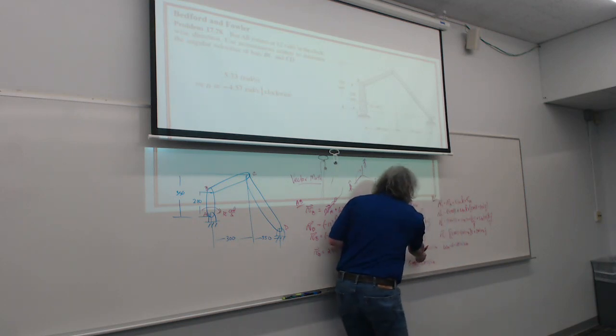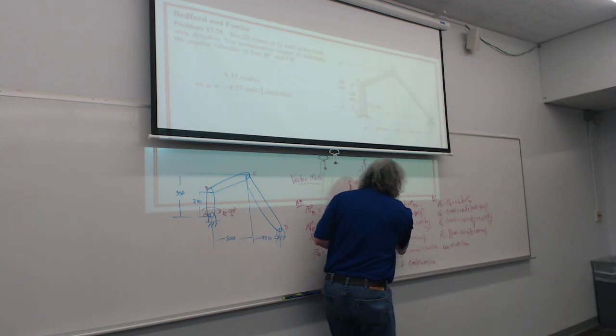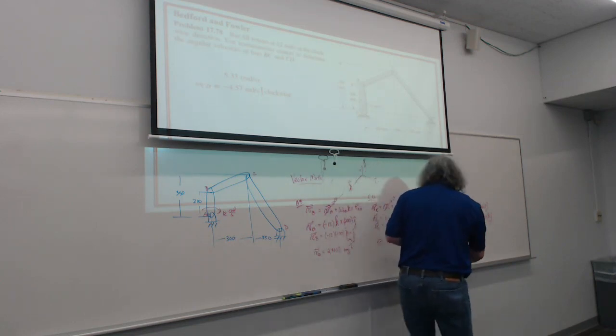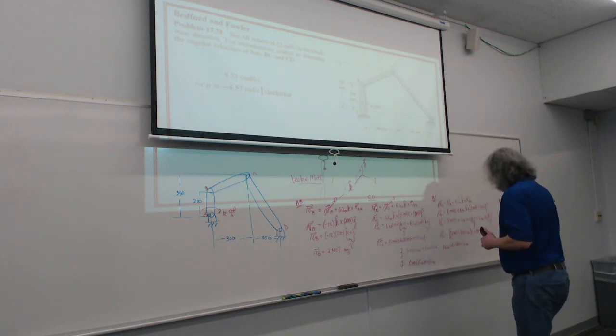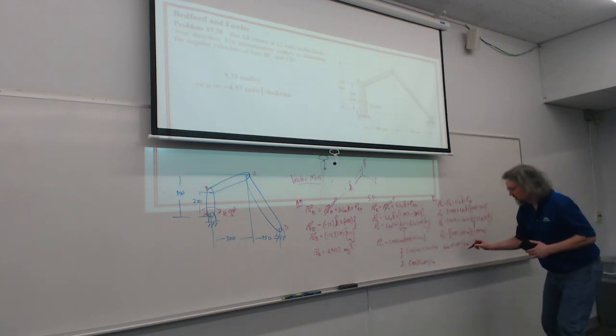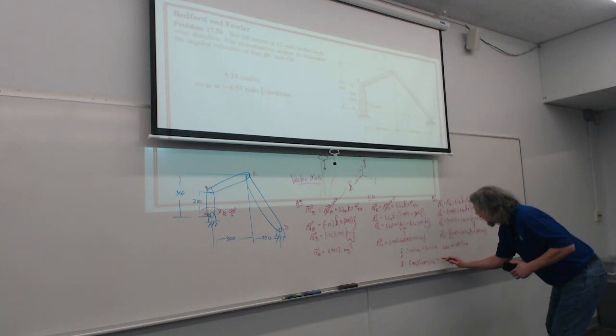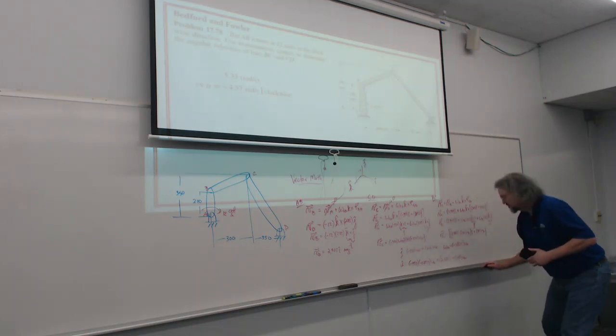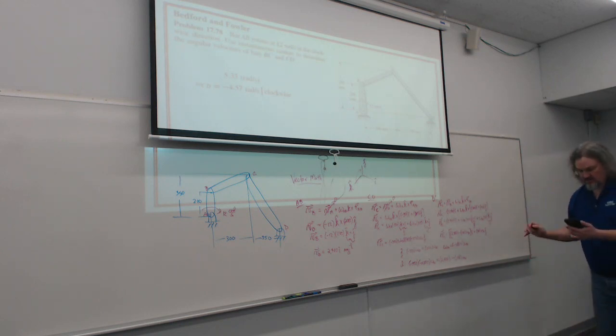I just shoved it back into here, right? I put that omega CD I just got right back into there. And that's going to equal this mess over here, 2,400 minus 150 omega BC.